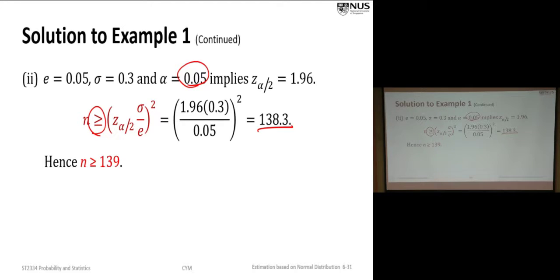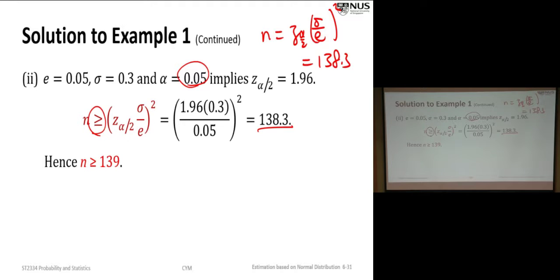Also, if you use the formula and you got 138.3, so what is the N? This is just a minor point. If you calculate N equal to 138.3, you may do the rounding to the nearest integer, and then you take 138.